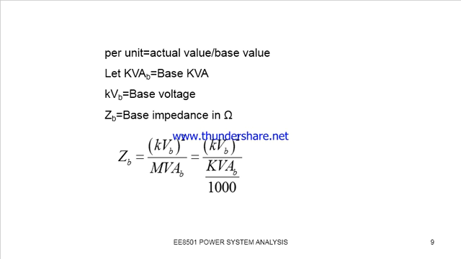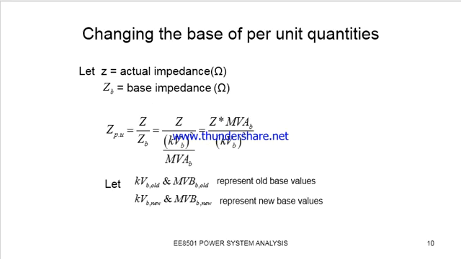P is equal to VI, so I is equal to P by V. Here MVA divided by KVB is the current and the voltage is KVB. While substituting, we get this equation: ZB is equal to KVB the whole square divided by MVAB. Let us substitute it here and we get the Z per unit value.